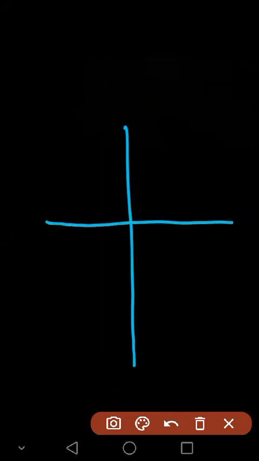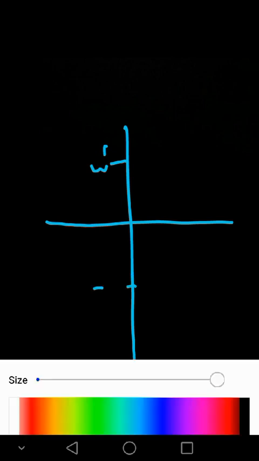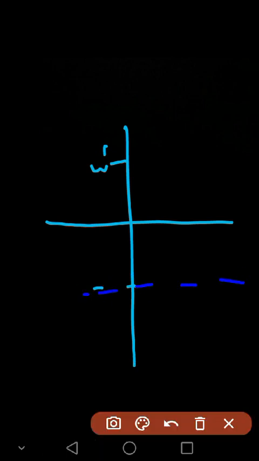These two are your vertical asymptotes. If you have your graph like that, you have negative 3 there and positive 1, and you're going to have two vertical lines passing through these two points. These are your vertical asymptotes: vertical lines passing at those points that you found for x. That's how you find your vertical asymptote: set the denominator equal to 0 in any given function.